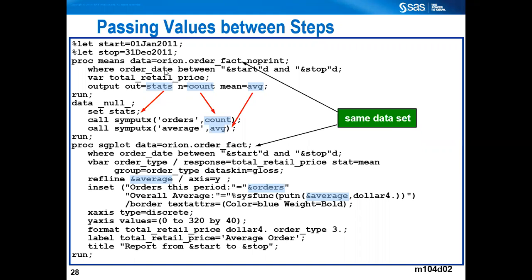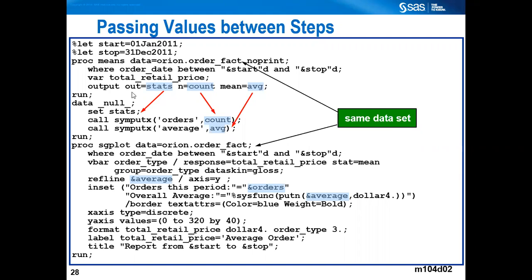And the report of PROC MEANS you are not showing in the result window, but you are directing to your output data set, output out equal to stats as a data set name. And we get n, which is a default statistic, the number of non-missing variable values. You're renaming it for this data set to be created as count, and mean you're renaming as average.